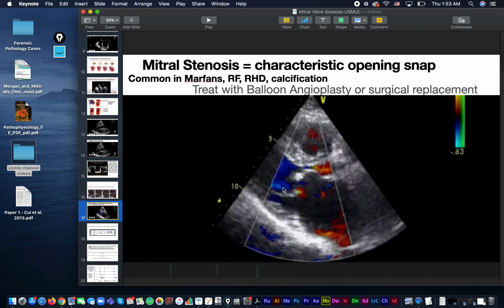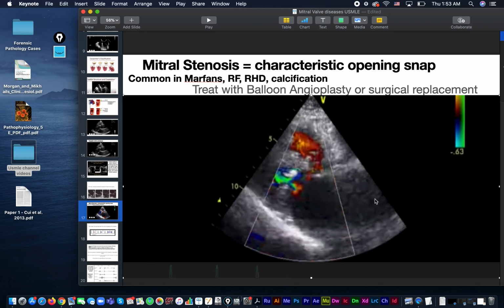And that's because these leaflets don't want to move. They're stenotic. Let's have a look here.